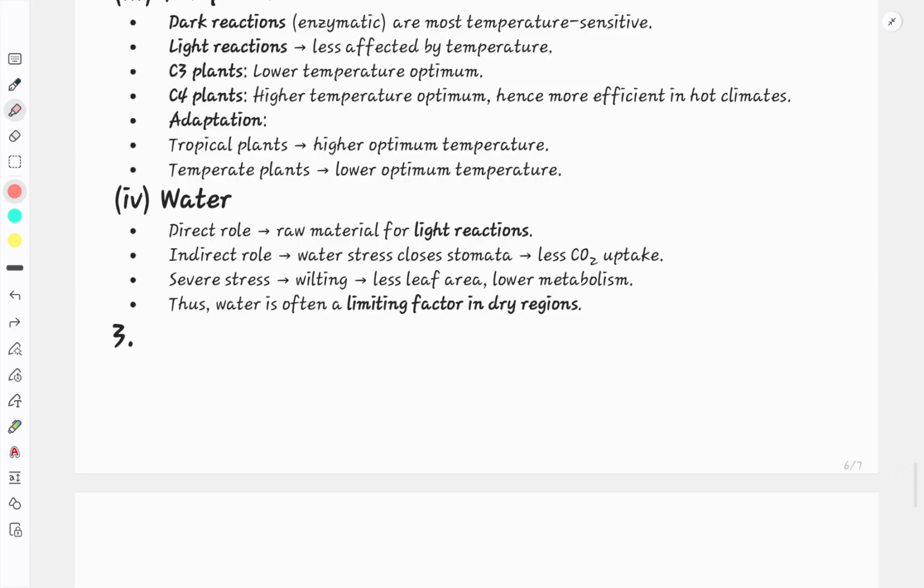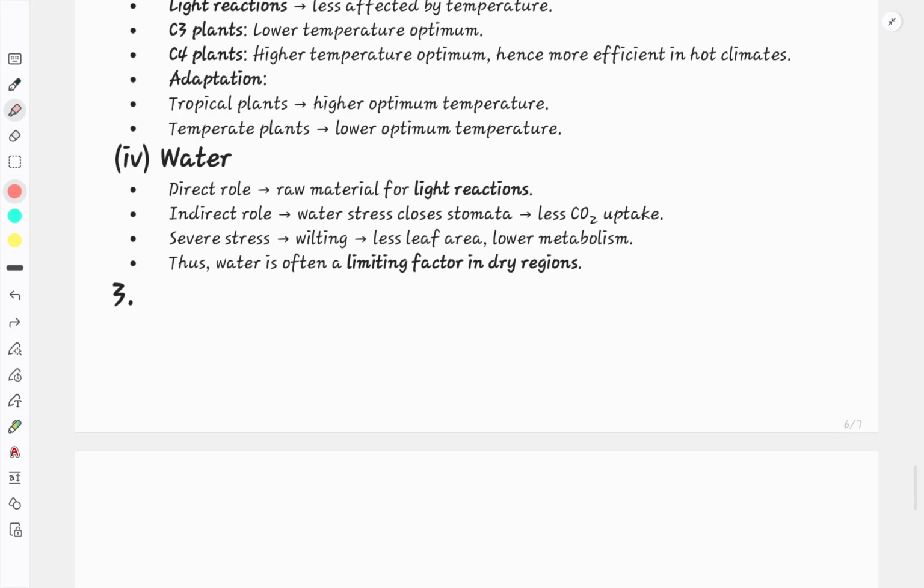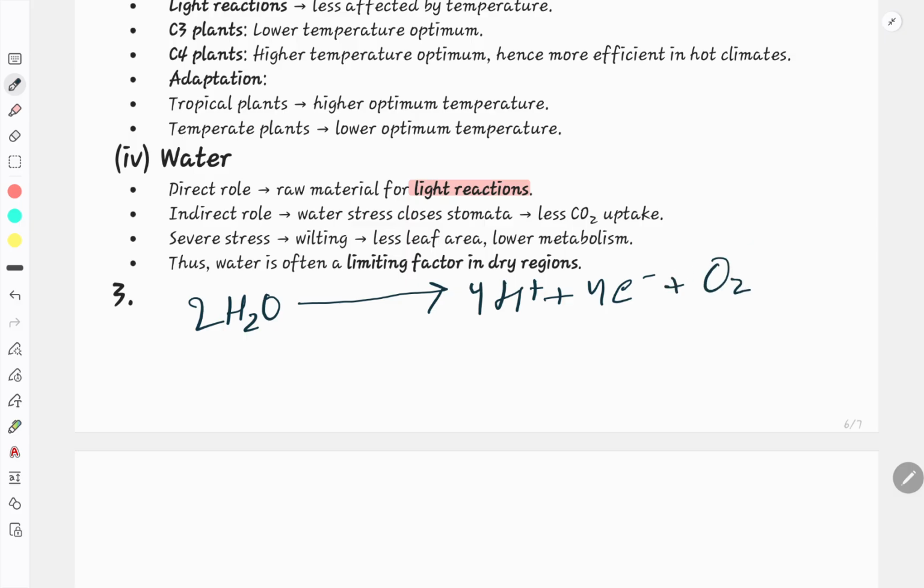How does water affect the rate of photosynthesis? Direct role: it is the raw material for photosynthesis. In the light reaction, as we know, the splitting of water, H2O, leads to formation of 4 hydrogen ions, 4 electrons, plus an oxygen.